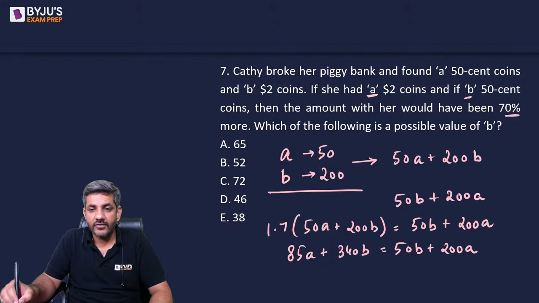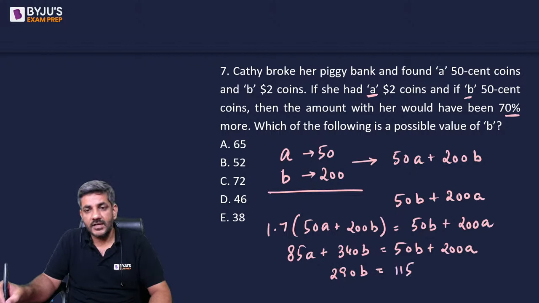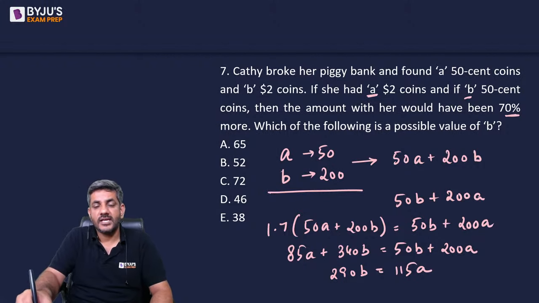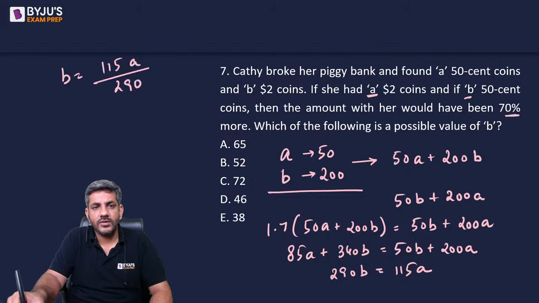So what do I get from there? I get 340B minus 50B, that is 290B, is equal to 115A. Or if I just cancel out, I can say that the value of B is equal to 115A divided by 290. 5 can cancel out to give 23, 5 can cancel out to give 58.